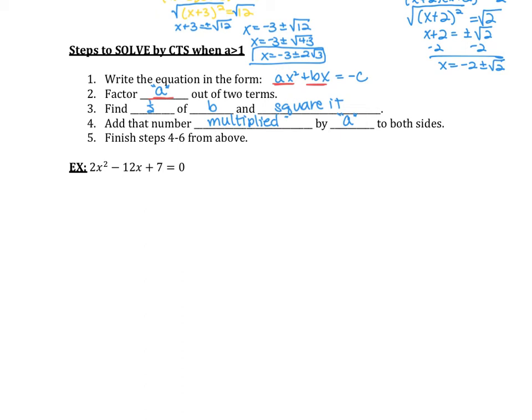Okay, so let's walk through this. First, I'm going to set this equal so that negative 7 is on the other side. Now I'm going to factor a out of the two terms. So I see that the a that I can factor out is a 2, which leaves me with x squared minus 6x.